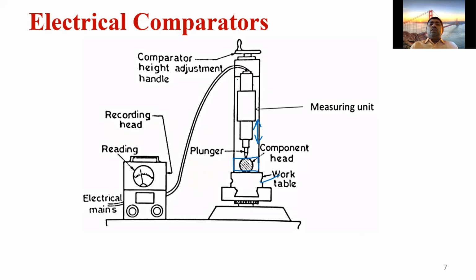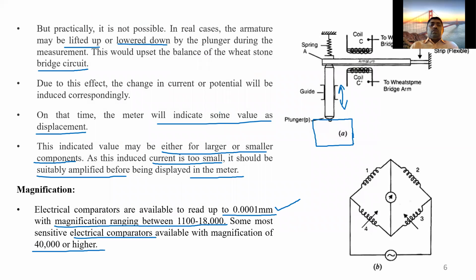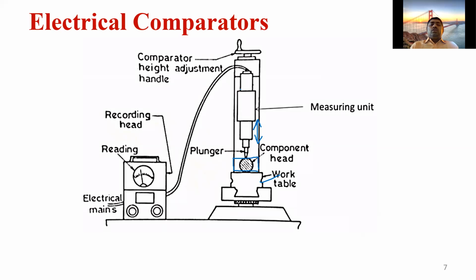So that causes changes in the current or potential. So the current will flow through the galvanometer and show the pointer on the calibrated scale.